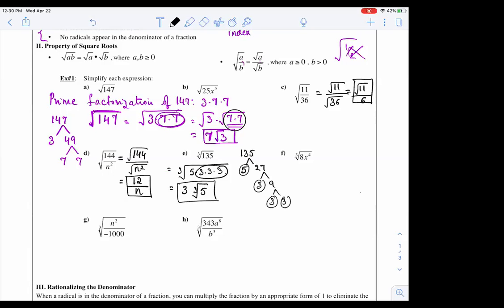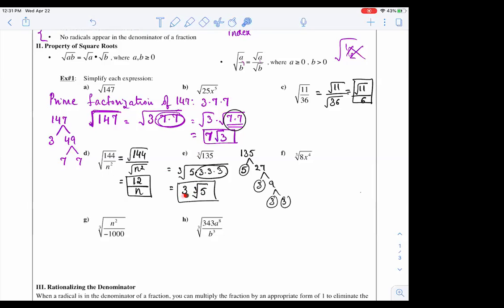So, got it? Yeah. So you don't put the 3 in the index, right? No, the 3 is still there. See, this 3 is still here, Jasmine. That's this 3 right there, just to show that it's a cube root, so you don't have to put it again.